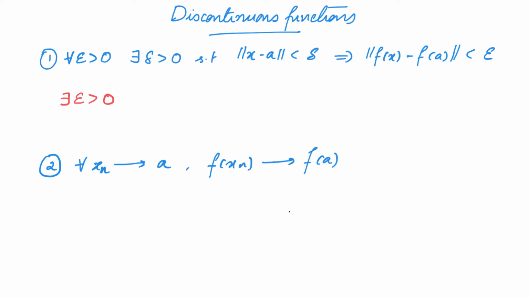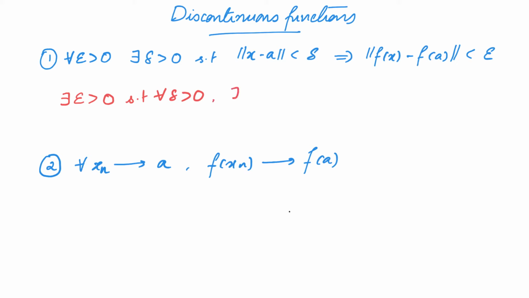When does this fail? This fails if there does not exist such a delta. In other words, whatever delta greater than 0 you take, this does not hold or this fails. But this fails when this is true but this is not true. In other words, if there exists an x such that this is true but this is not true, then that also fails.